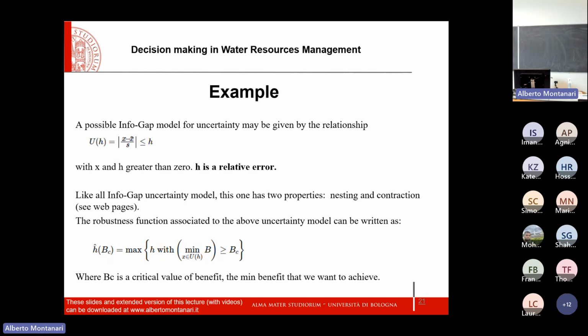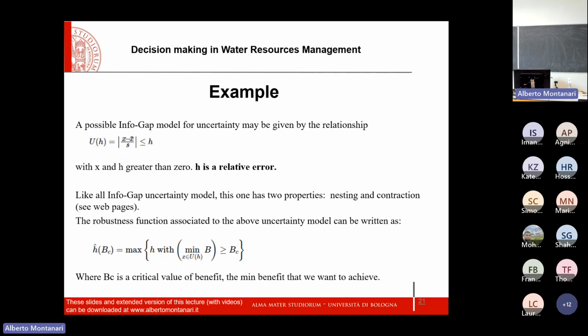If I put H equal to 0, then U(H) reduces to the best estimate only. H equal to 0 means that X is equal to X hat, so the reality is equal to our best prediction. So we don't allow any uncertainty. We have a best prediction X hat, and we want the real value X to be precisely X hat. Therefore we fix H at 0, which means no uncertainty, which means that our solution is not robust against uncertainty. Not robust because it's not tolerating any error.